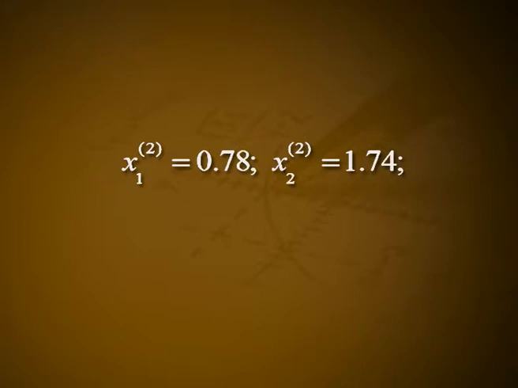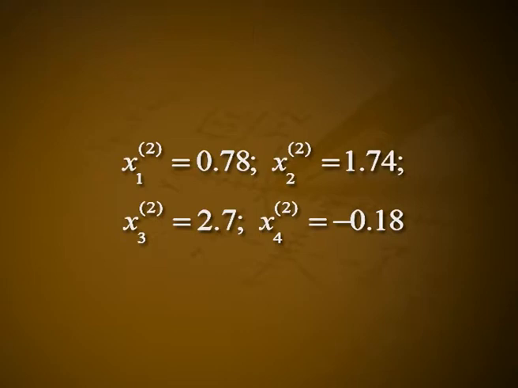Putting these values on the right hand side of the equations in 1, we obtain the second approximation values x1 2 equal to 0.78, x2 2 equal to 1.74, x3 2 equal to 2.7 and x4 2 equal to minus 0.18.